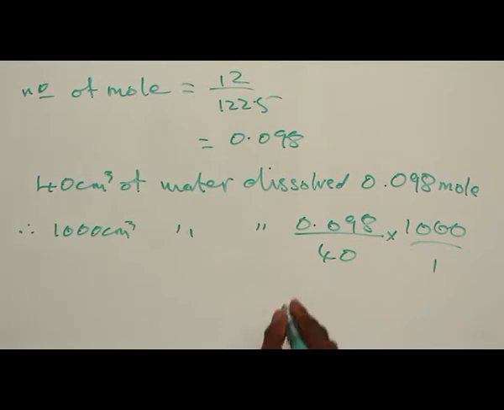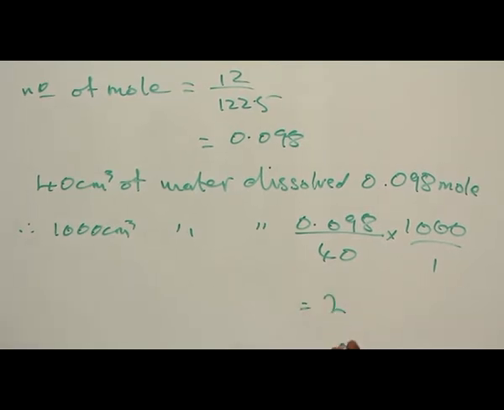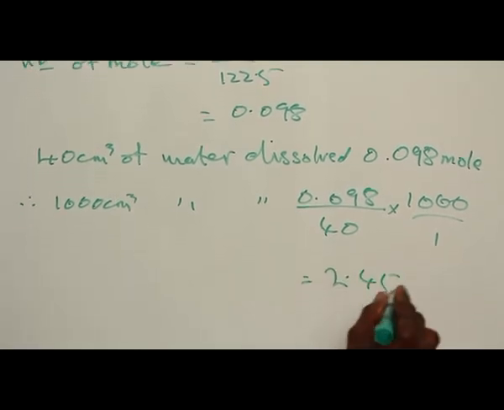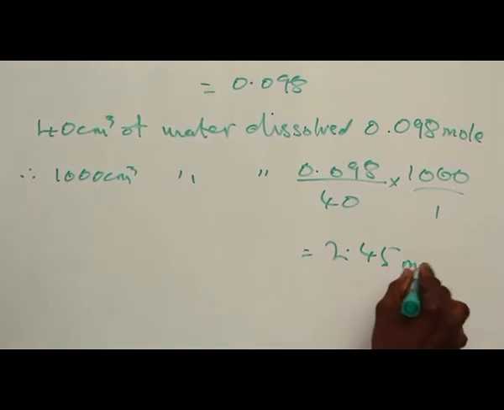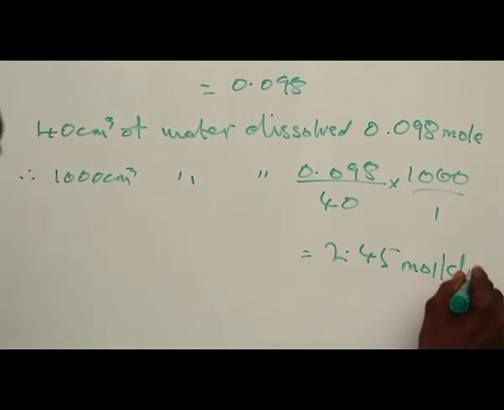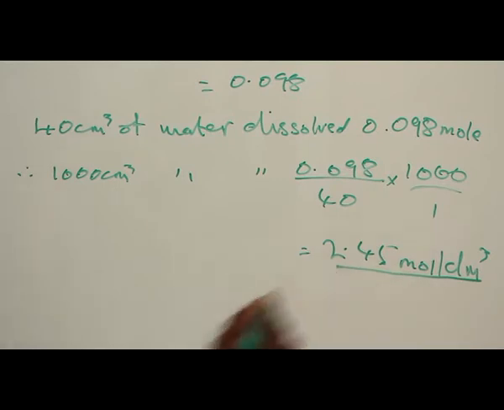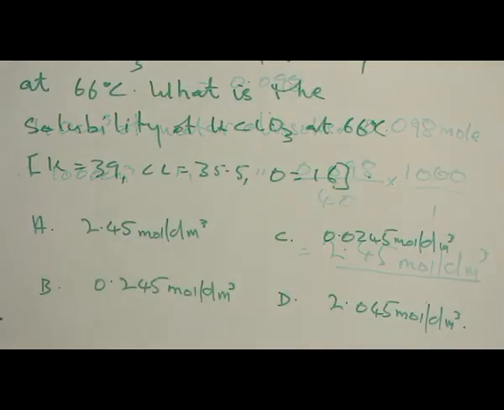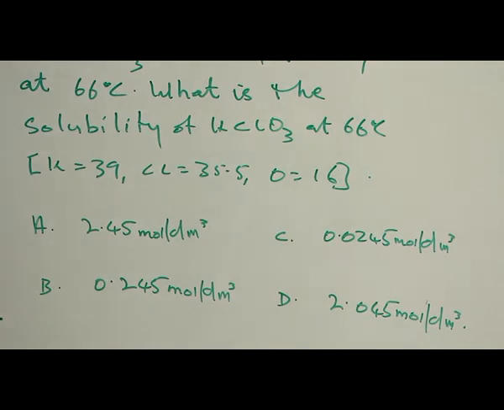When properly evaluated, it gives us 2.45 moles per dm cube. As seen clearly by the solution, the correct option is 2.45 mole per dm cube, and that is A.